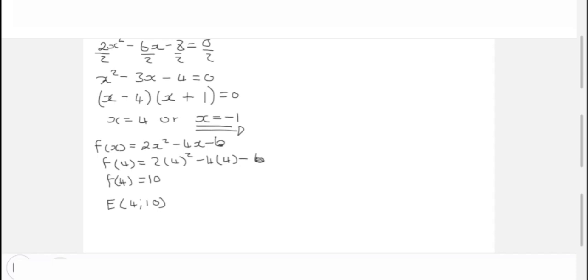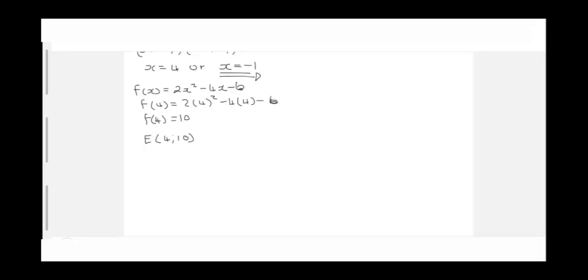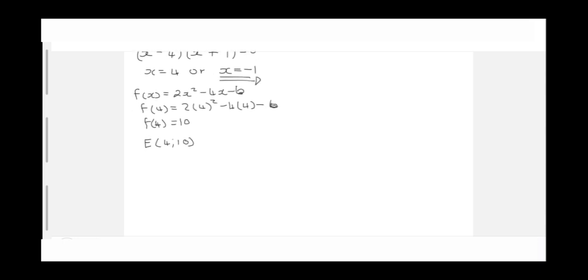Okay, now we're just going to go ahead and solve some other questions. Right, and since we just found coordinate E, we're going to go ahead and find the turning point, which was F. To find the turning point of the parabolic function, I'll just say x is equivalent to -b over 2a.